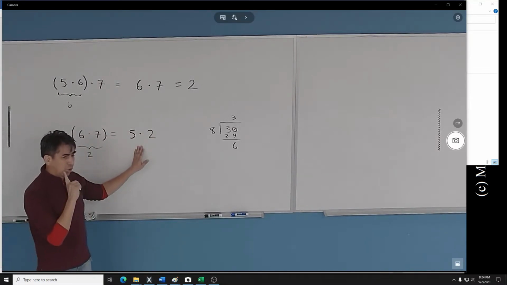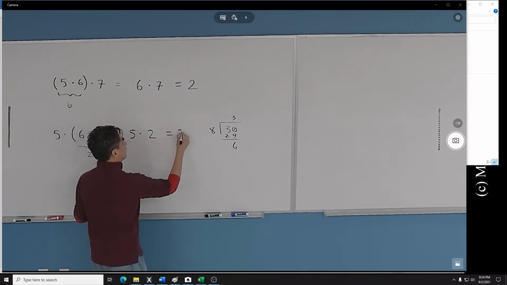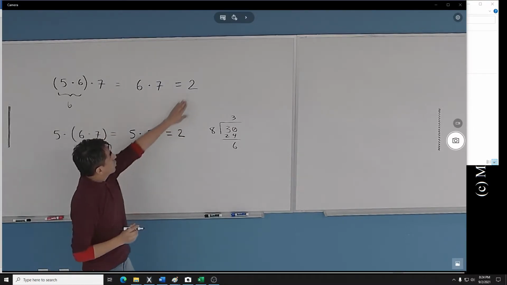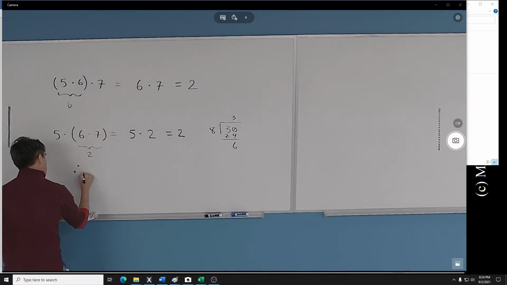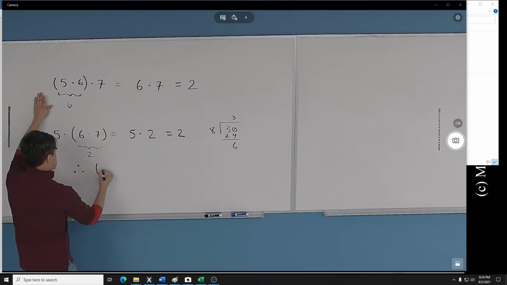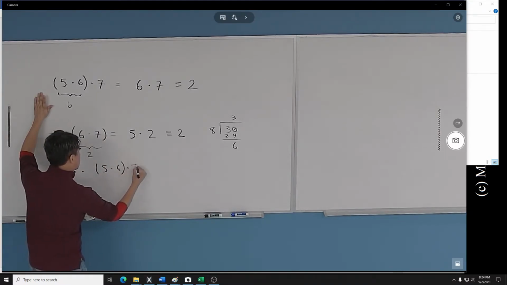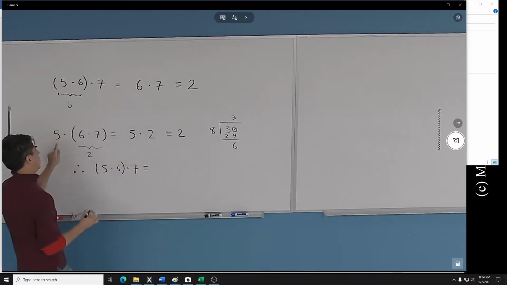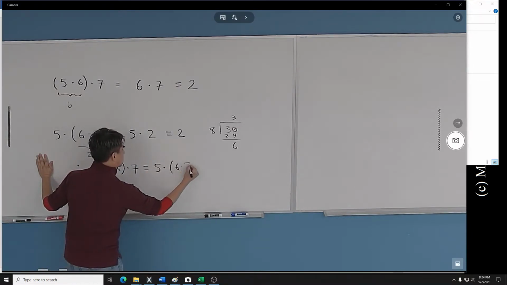Normal multiplication of 5 and 2 gives us 10. But when we divide by 8, the remainder is 2. So the final result is 2. So confirmed. Therefore, the quantity 5 times 6 multiplied by 7 equals 5 times the quantity 6 times 7.